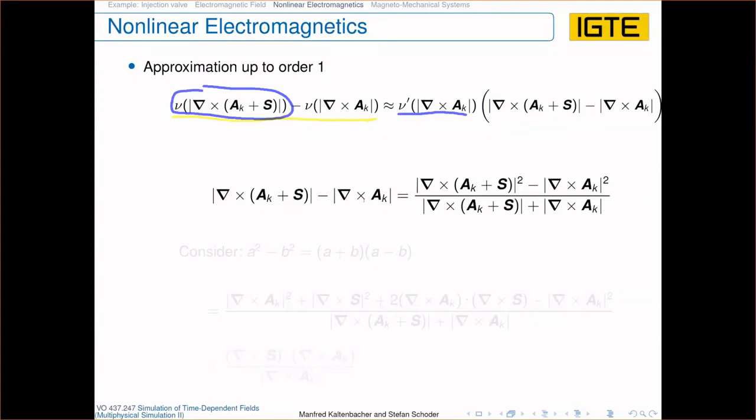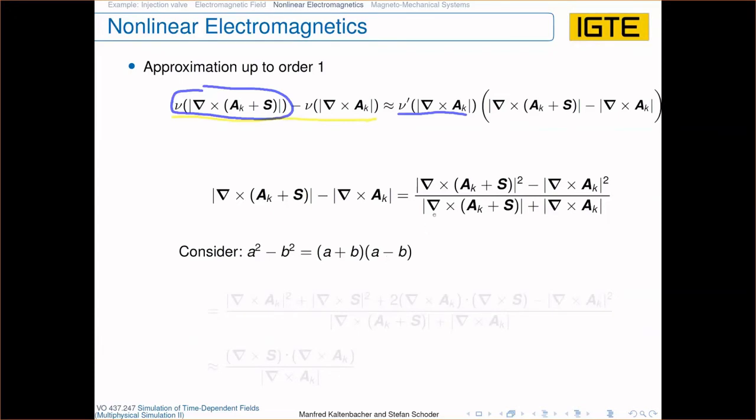And this we can rewrite in the following form, as you can see, because what we consider here is the simple relation a squared minus b squared is equal to a plus b times a minus b.